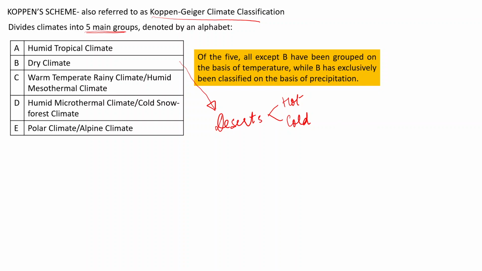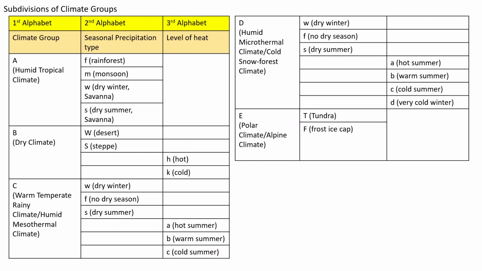Therefore, A, C, D, and E are the groups classified based on temperature, while the B group is typically based on precipitation. Okay, so how has it been divided?